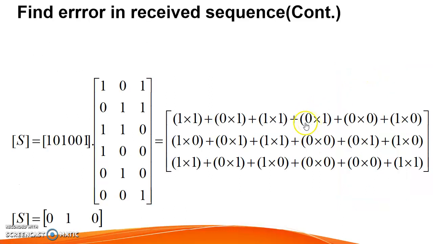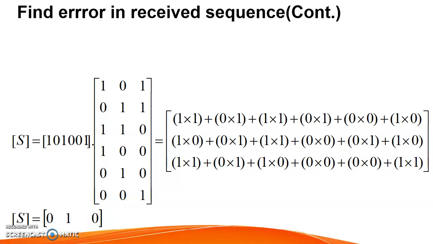Here 1 is multiplied with this 1, then it is added to the second element, that is 0 into 0. In this way, every element of the first column of the parity check matrix is multiplied with the corresponding element of the received sequence, and it becomes this answer, 0. In this way the second and third columns are also multiplied and we get the answer 0, 1, 0. This is called the error syndrome.